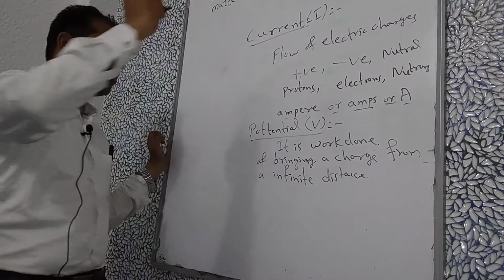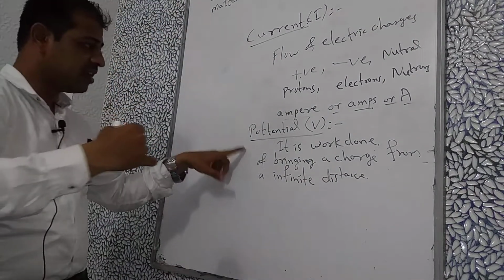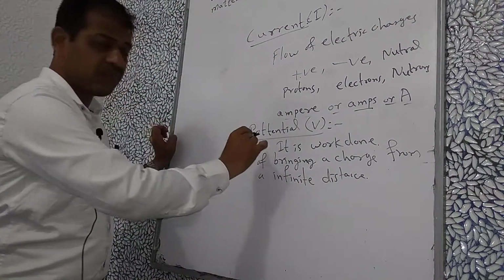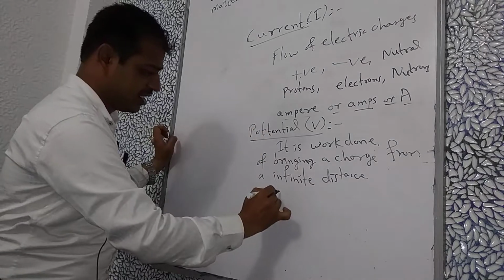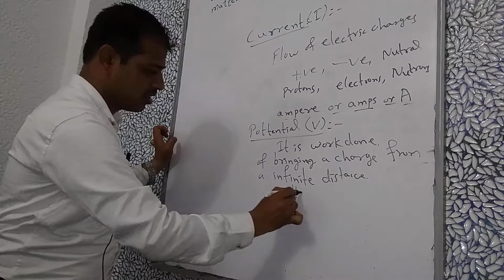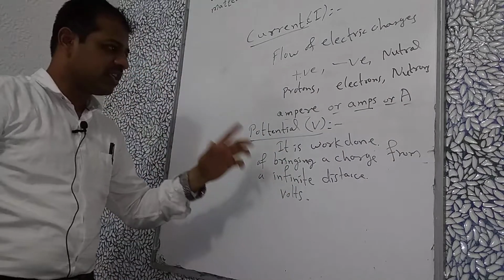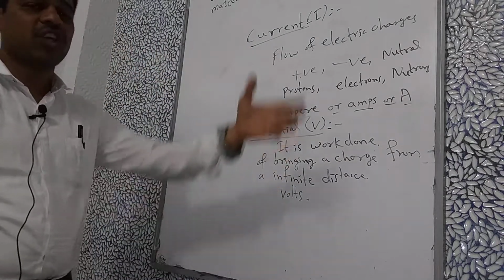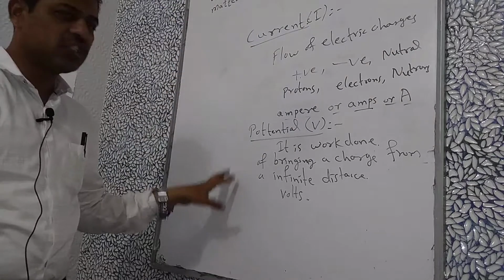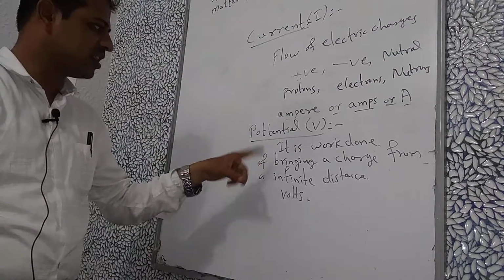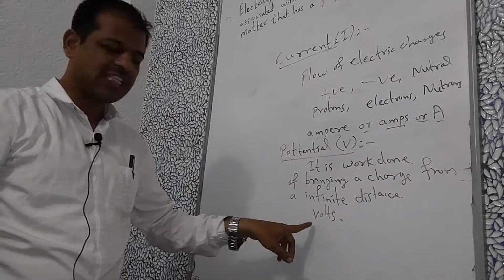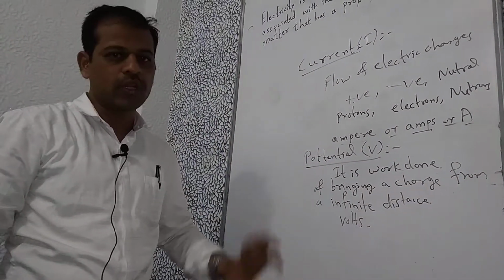It is denoted by V, and the SI unit of potential is volts. That work done is known as potential.